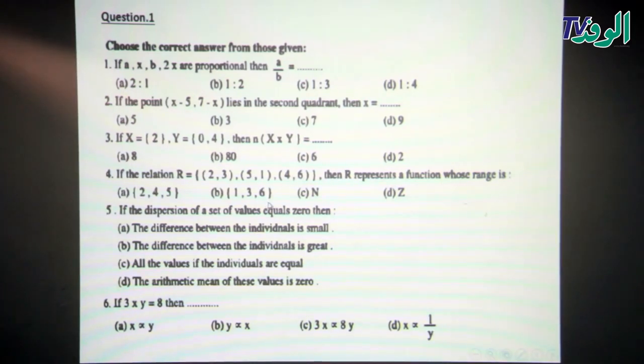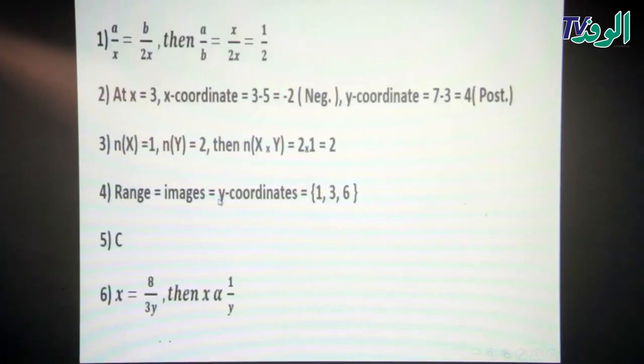Set of images, meaning the set of y coordinates: 3, 1, 6. So the set has 3, 1, 6. Of course in a set we don't care about the order, so we can write it 1 3 6. So the correct choice is number B. Let's review again: range equals images equals y coordinates, so it's 1 3 6.